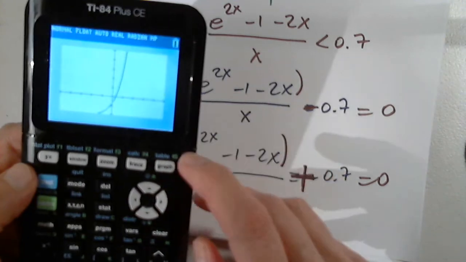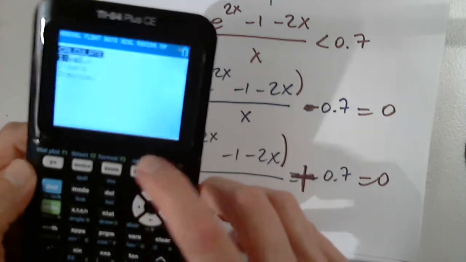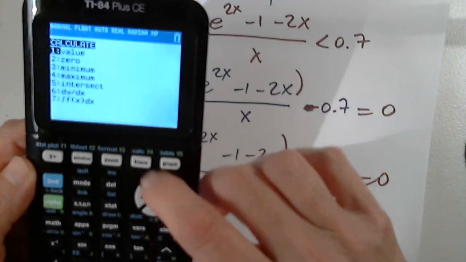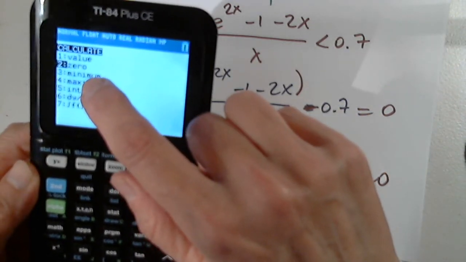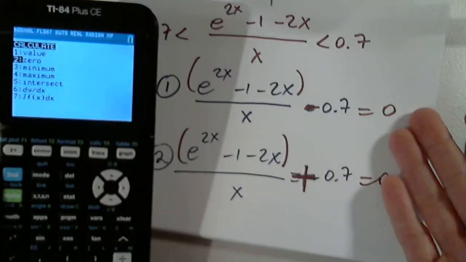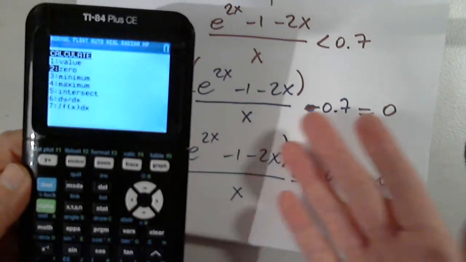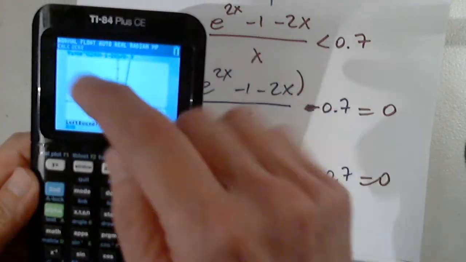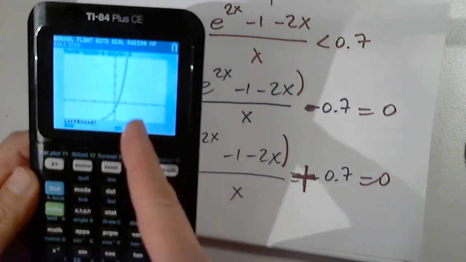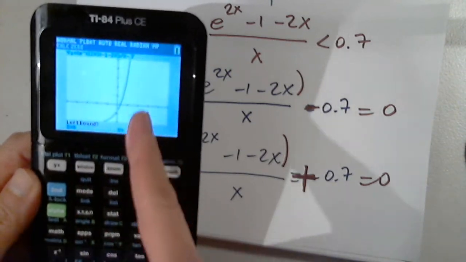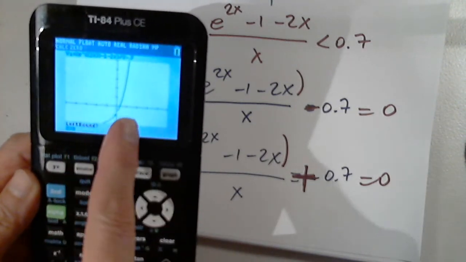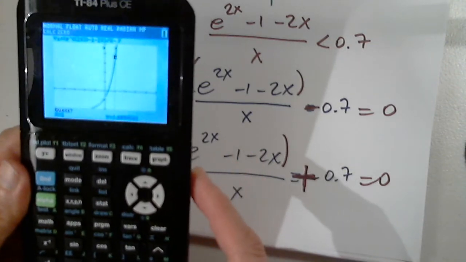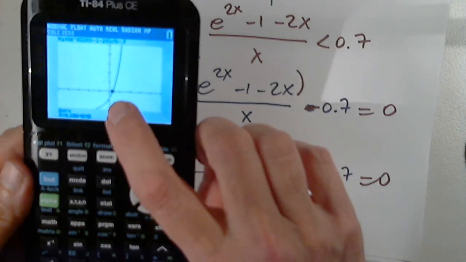I can go to second and calc, right here where it says trace, and I want a zero: the zero of this function, in other words, the x-intercept. I press enter. The calculator will ask me to give it a bounded area, so I'm going to give 0 for the left bound and 1 for the right bound, and I say just give me the answer.